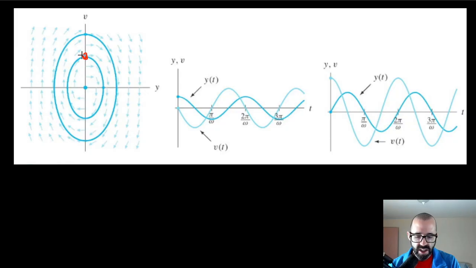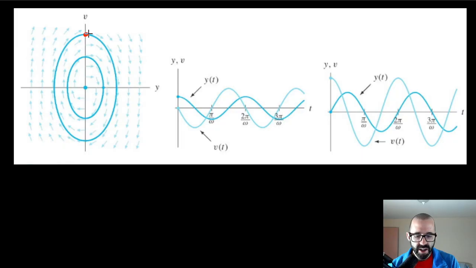If our initial condition is here, starting at the same position of 0 but with a smaller velocity, we'll be on this ellipse. And of course, if we start with no position and no velocity, we're in equilibrium. If you have a spring that's at rest with no initial velocity, of course it's going to stay at rest. Newton told us that.